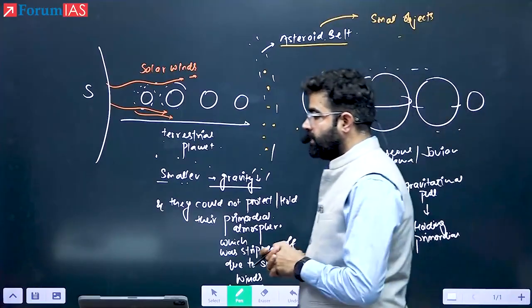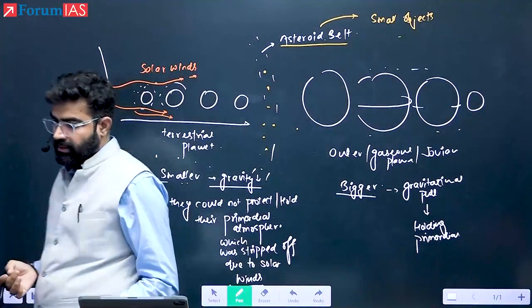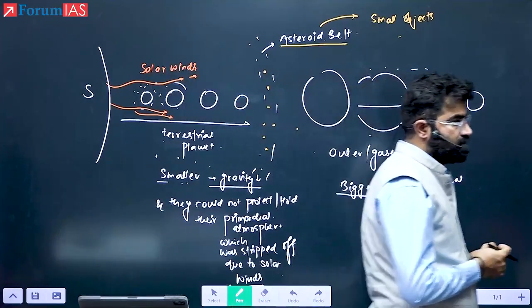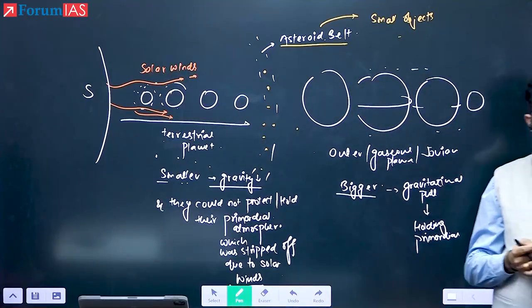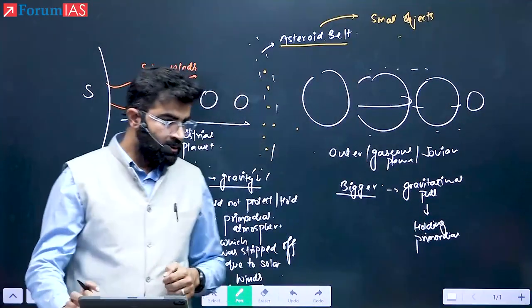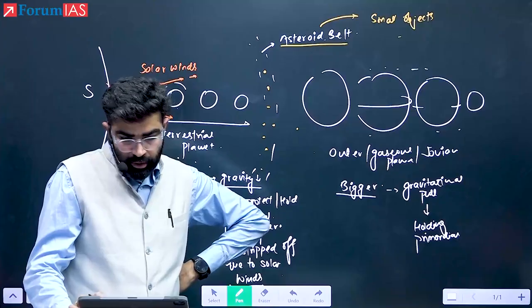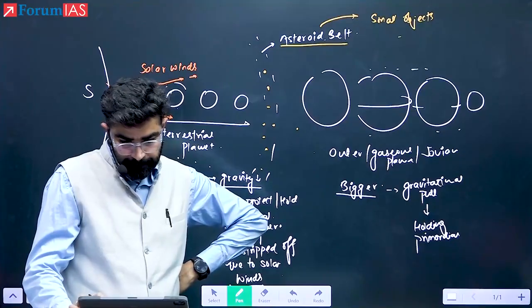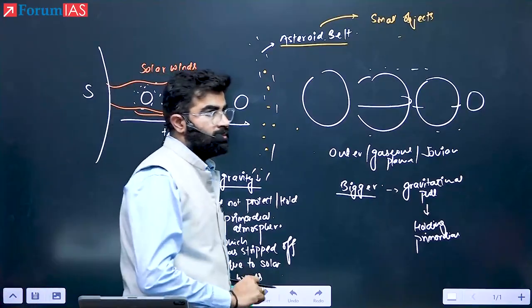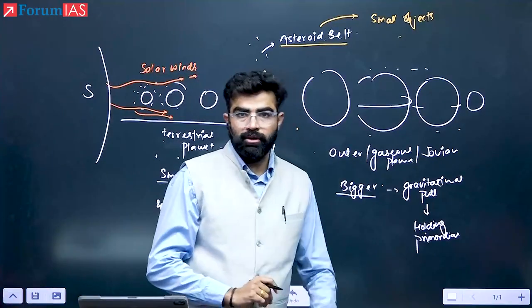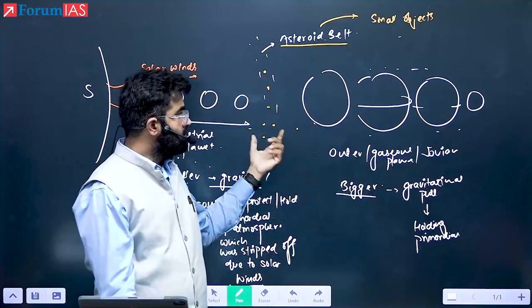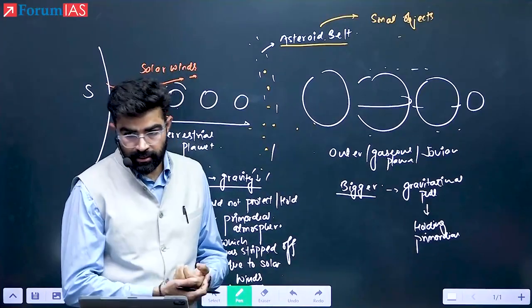They did not coalesce or collide in the presence of a strong gravitational pull of Jupiter. Okay, they are found in between Mars and Jupiter.